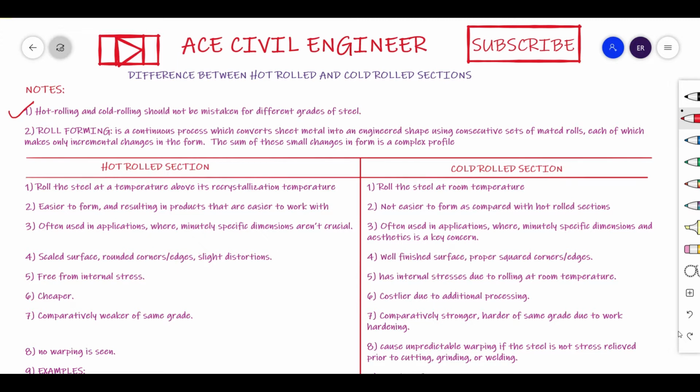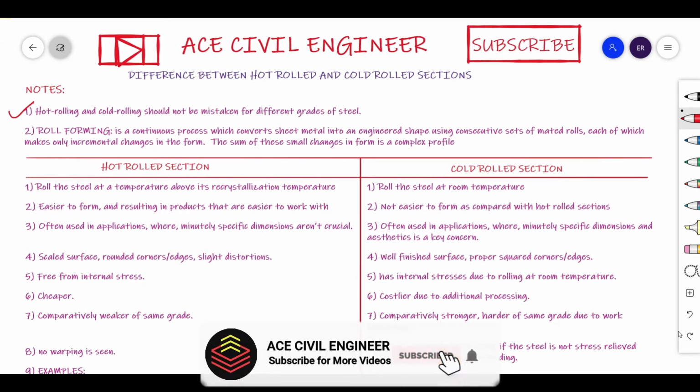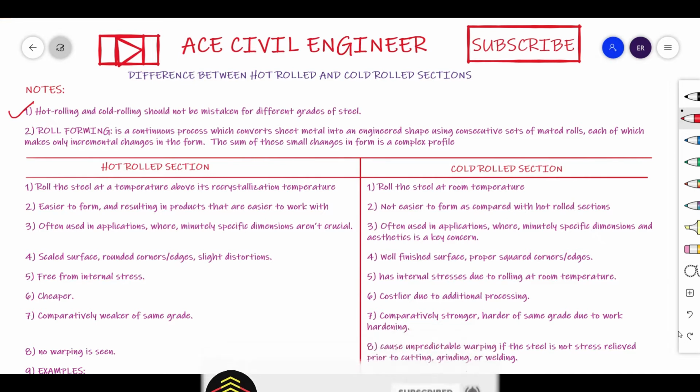Like for normal steel it is IS 800, IS 801 and all. We do have different codes for different steels, but this does not mean that they have different grades. It is very clear that for the same grade of material we can have a hot rolled steel section, and for the same grade we can have a cold rolled steel section.